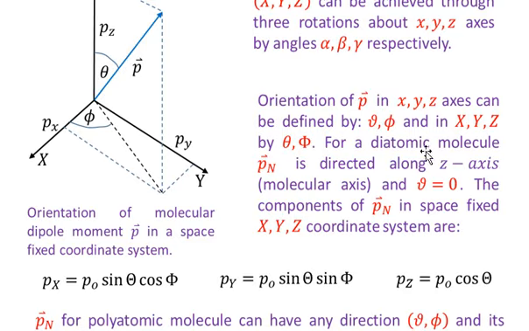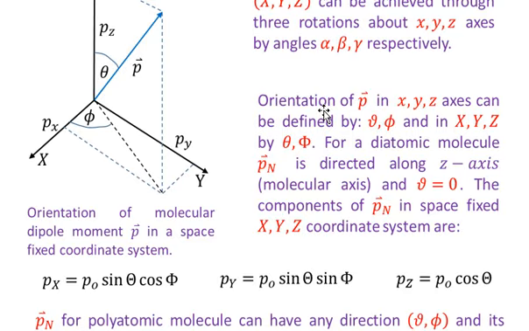Remember that for a diatomic molecule, Pn is directed along the Z axis, or the molecular axis, and small theta will be equal to 0. The components of Pn in the space fixed X, Y, Z coordinate system are given here. So when vector P coincides with the Z axis, the angle small theta, which it makes with the Z axis, will be equal to 0.